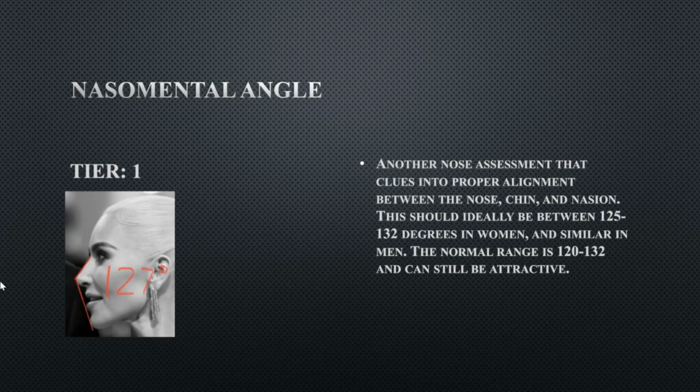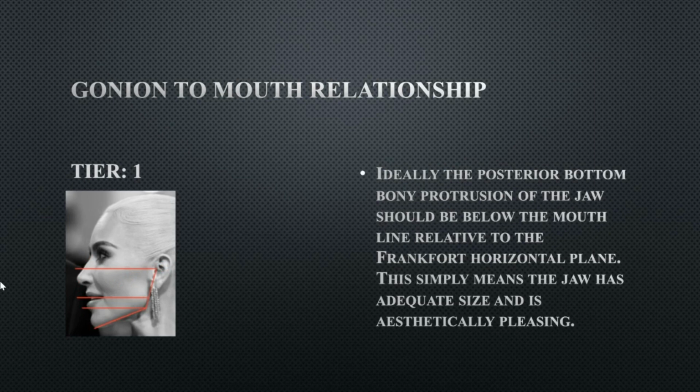So her nasomental angle is a tier 1 at 127 degrees. And this is another measurement that assesses the nose to chin relationship, but it also takes in your facial convexity as well. And her facial convexity, like I said before, was perfect. Actually, all of the facial convexities were perfect, so I know this one is going to be perfect as well, and is within the middle of the distribution.